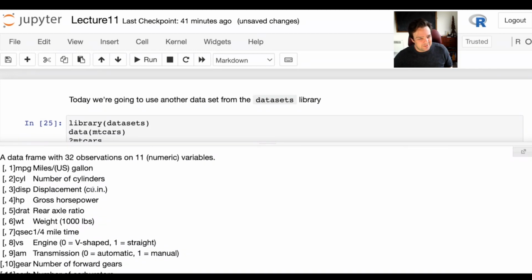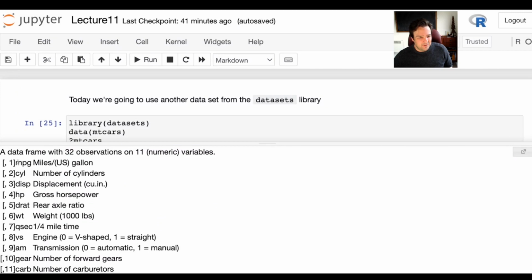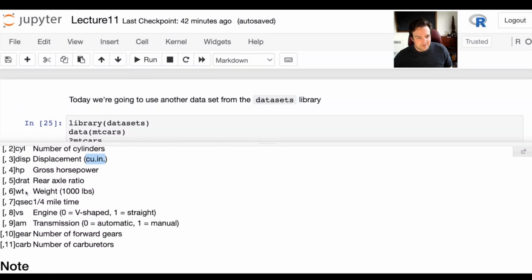And there's a bunch of different columns here. Miles per gallon, cylinders. Motor Trend, I think, is an American magazine, so US gallons. Number of cylinders in the car's engine. The displacement in cubic inches. Again, this is an American magazine. Horsepower. I'm not sure what rear axle ratio means, but the weight of the car.